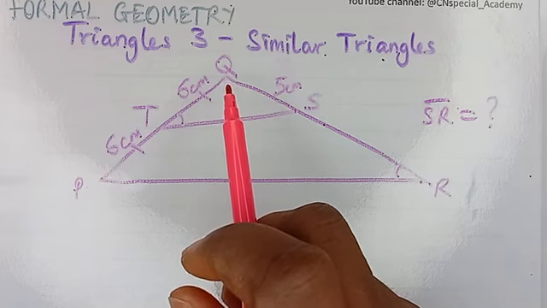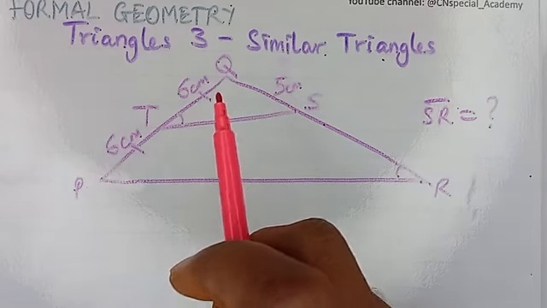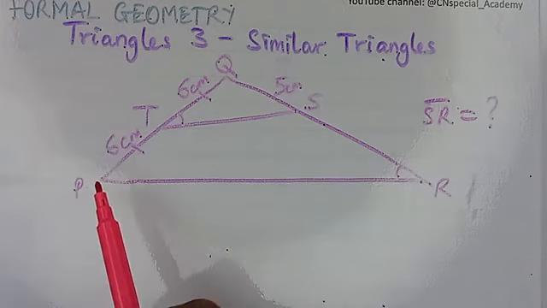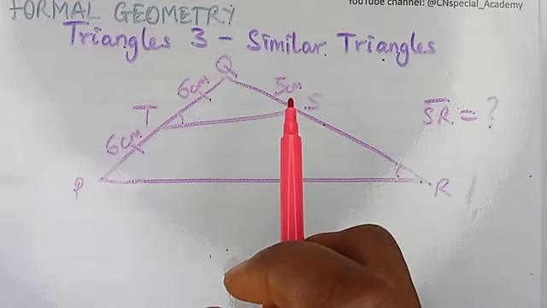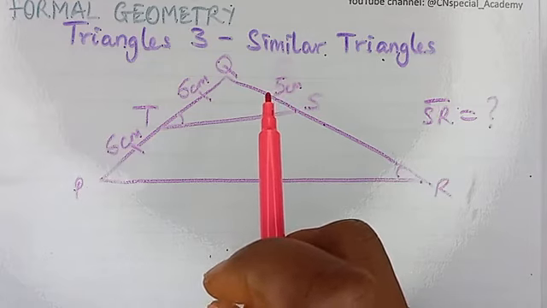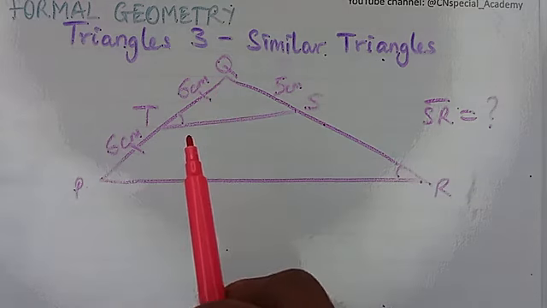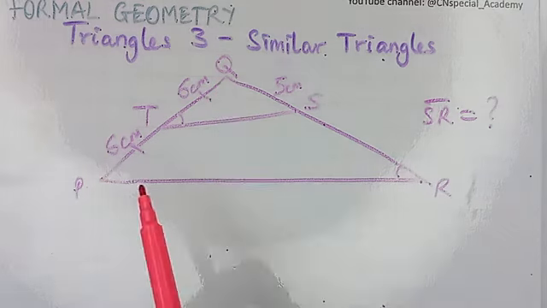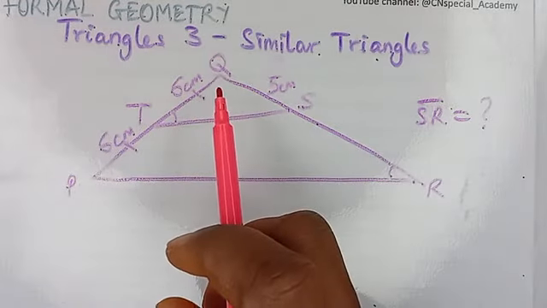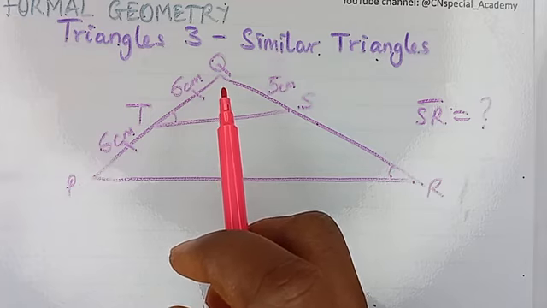And remember we said that once two triangles have two equal angles, the third ones are equal, because the sum of angles in a triangle is equal to 180 degrees. So if two are already equal, that means the third one is also equal. So these two triangles, the big one and the smaller one inside here, are similar triangles.